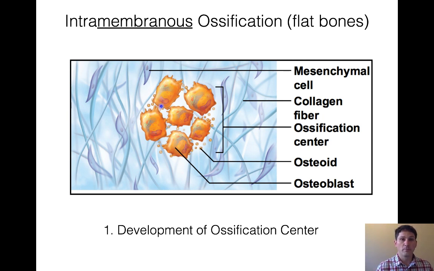Now those osteoblasts are going to start to secrete osteoid, and you can see that being represented here with these little lysosomes being released from the cell and being deposited into the surrounding vicinity. Okay? And so we can call this an ossification center. So a little part or a center that begins to solidify and become bone.